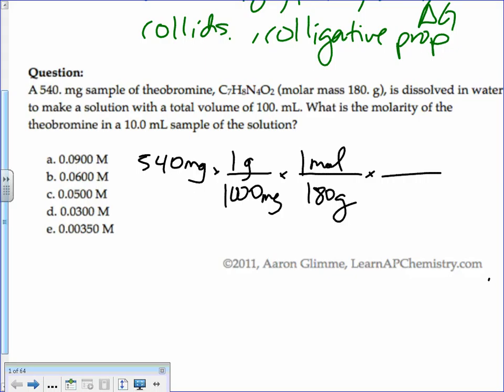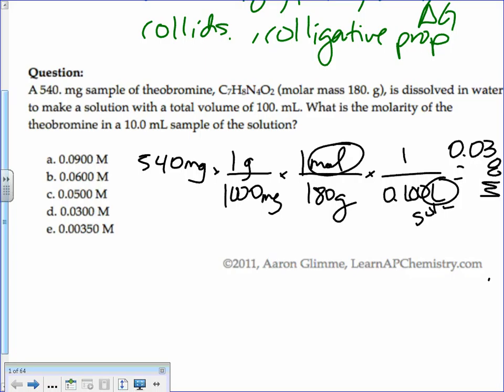The solution total volume is 100 milliliters, so I'm going to divide by 0.1 liters, which is multiplying by the reciprocal. So this gets me to moles of theobromine over liters of solution, because the solution total is what it says in the problem. That is 0.0300 molar, okay? So is that the end molarity? What do we need to do with this?